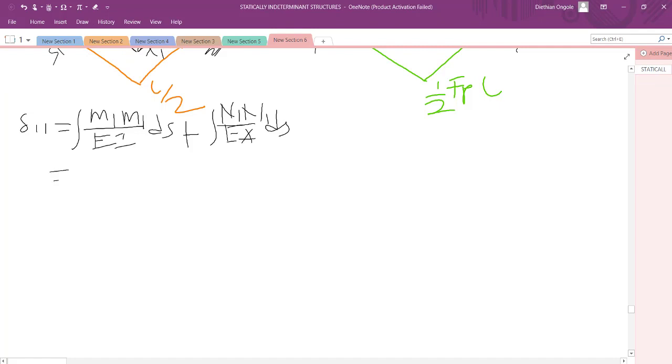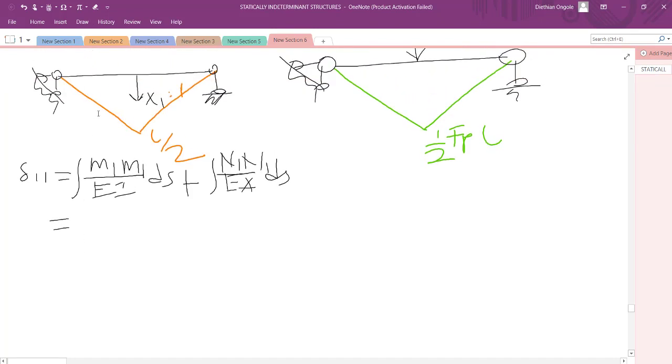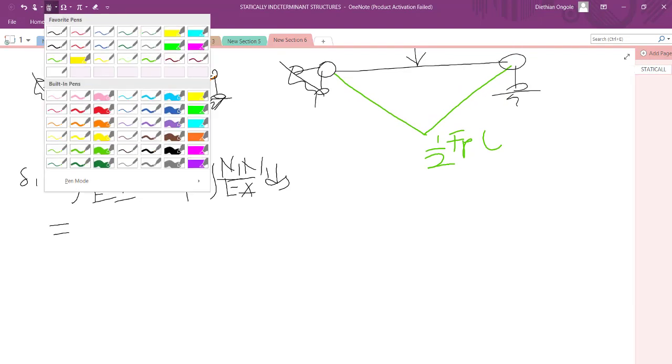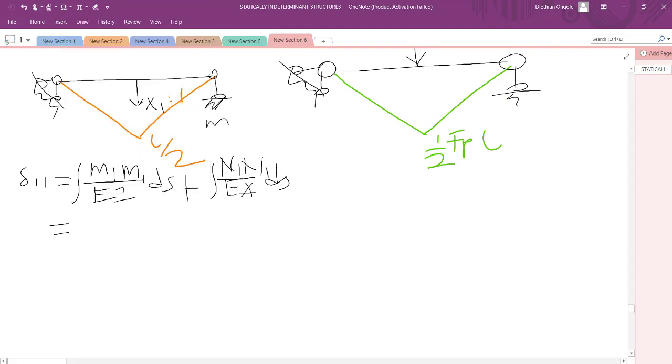So the m1, we get it from this drawing here for the bending moment diagram due to the action of the unit force. If I label this one my m1, this is mp.